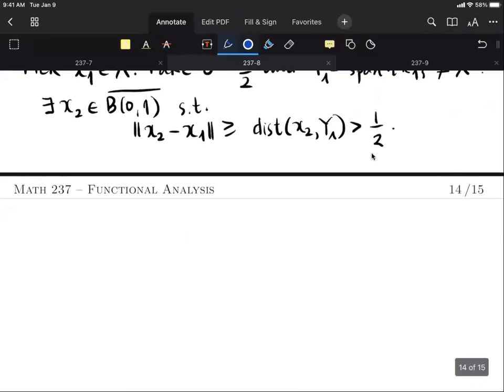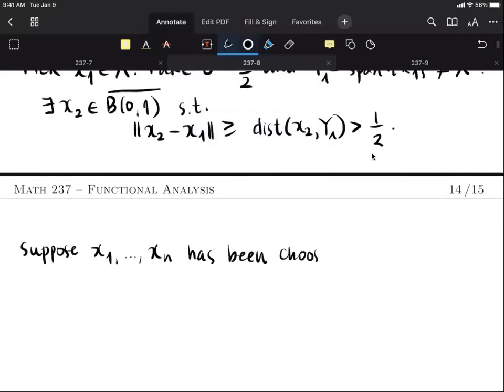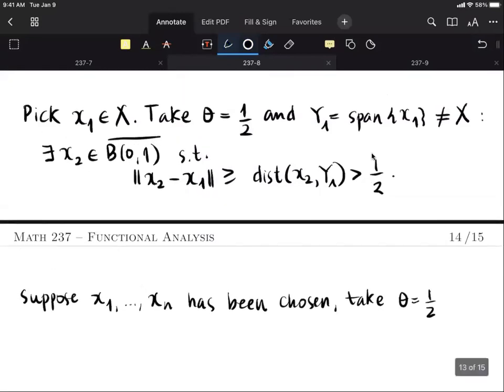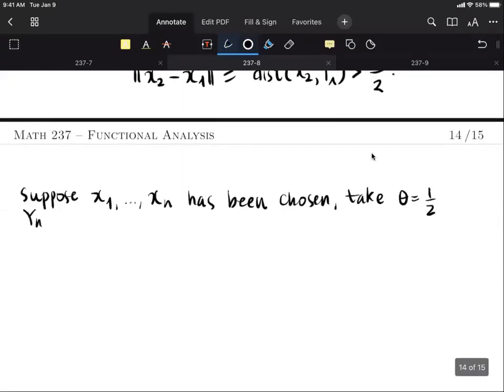So you do this inductively. Suppose x1 up to, let's say, xn has been chosen. We then take theta again to be 1/2 and yn to be the linear span of x1 up to xn.